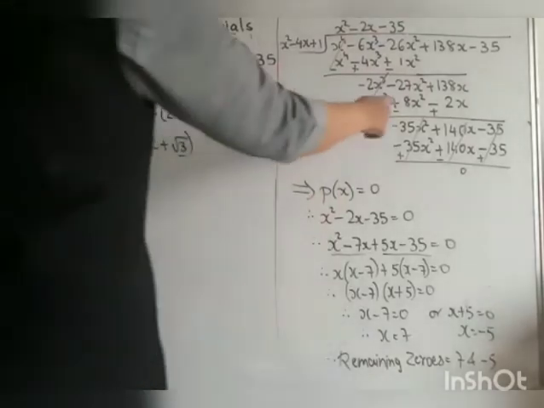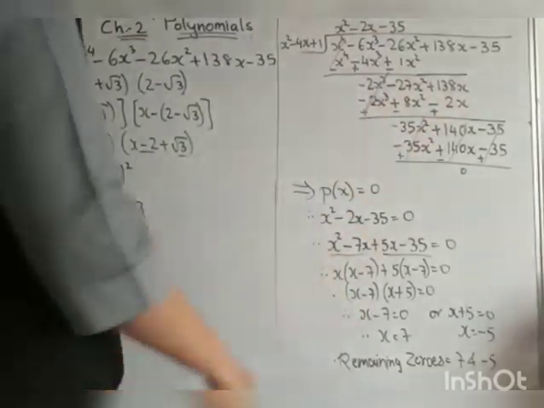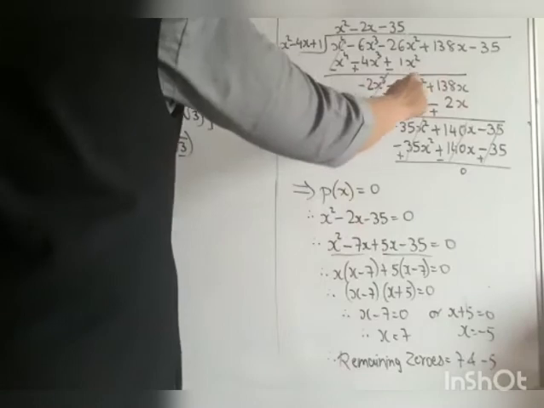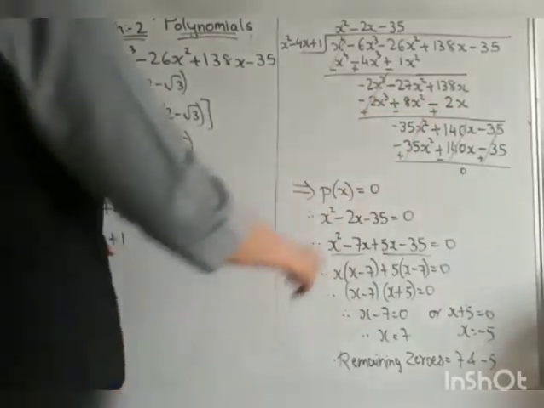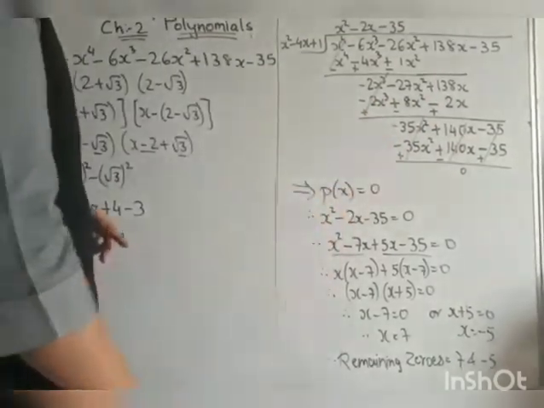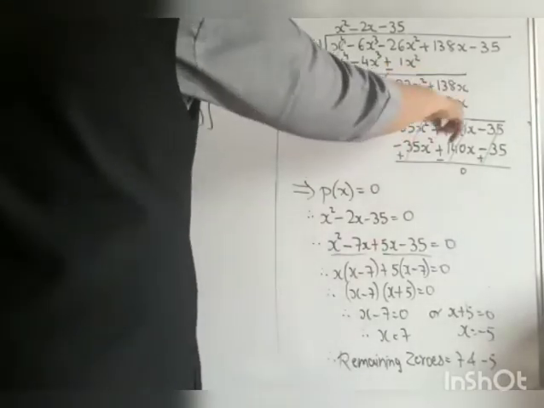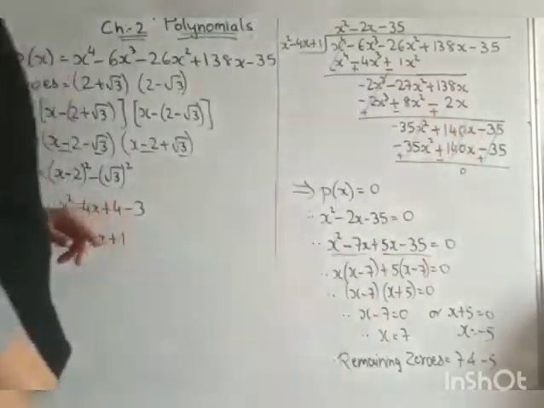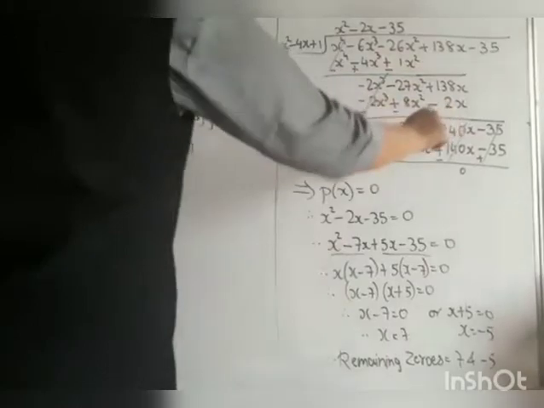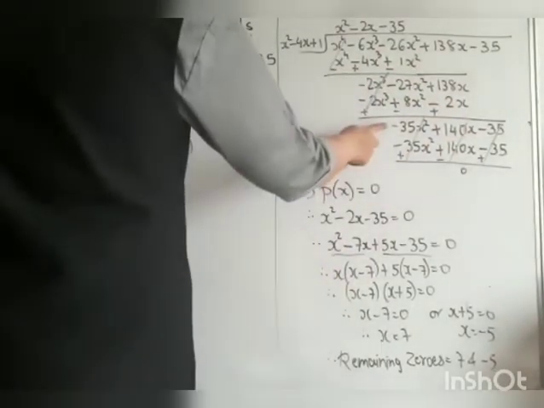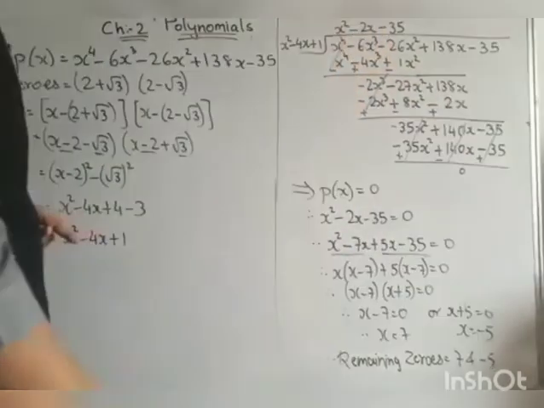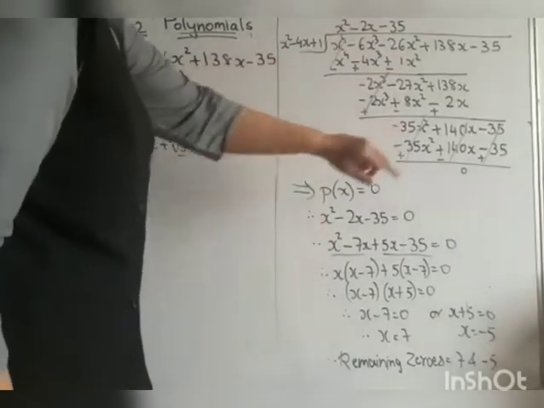Again sign change. After changing the sign, what will you get? Minus 27x square minus 8x square is equal to minus 35x square. Plus 138x plus 2x is equal to plus 140x. Bring down minus 35. Now children, here is a minus sign, so here also we will keep minus only. X square, we want 35x square.